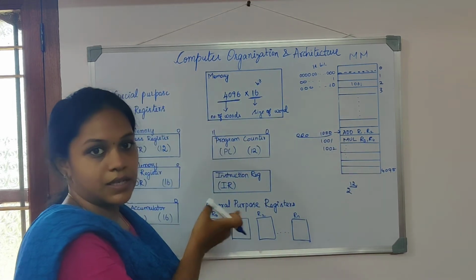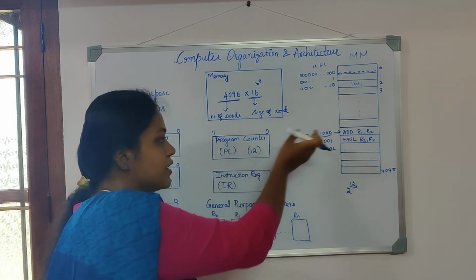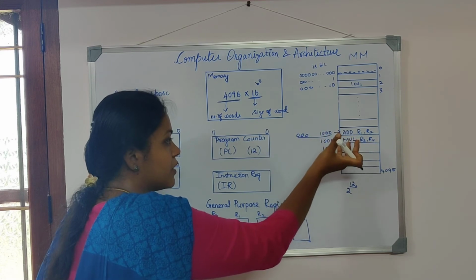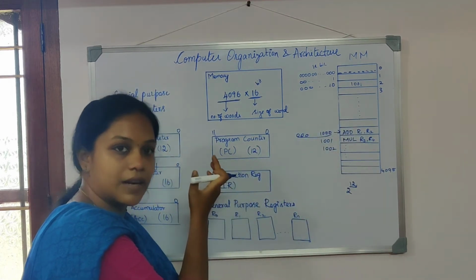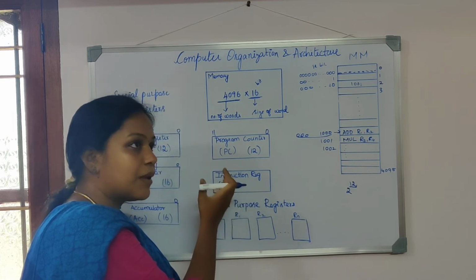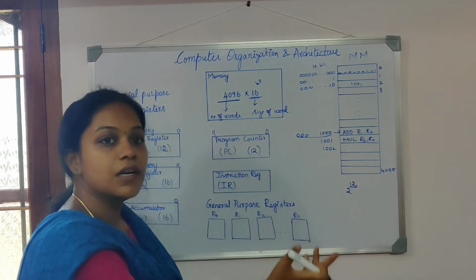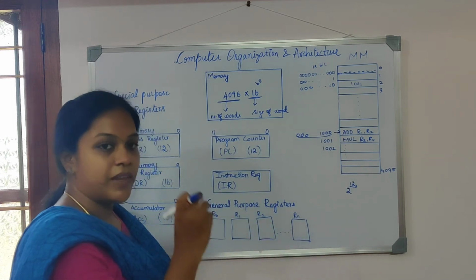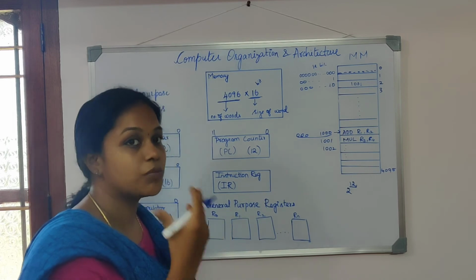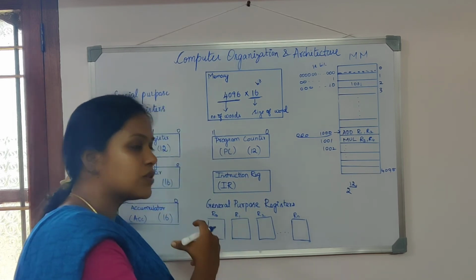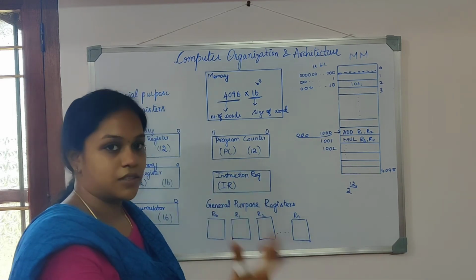All these registers are inside the processor. The instruction will be decoded by the control unit, and control signals will be generated on what operation has to be done. The control signals will be given to the arithmetic and logic unit, and the process continues.